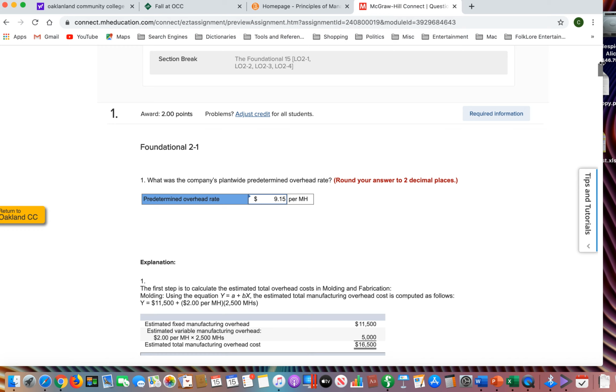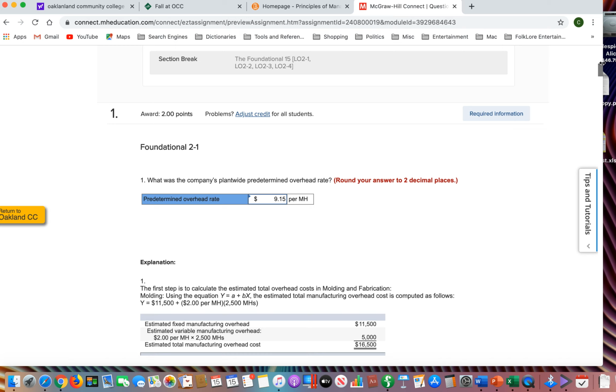And so for job P, we have 3,500 machine hours between both departments and 2,900 machine hours with job Q. So what do you think you do? We already determined that the predetermined overhead rate was $9.15. Now we know how many machine hours, and the overhead applied is based on machine hours. So you're going to multiply the $9.15 times each of the machine hours.